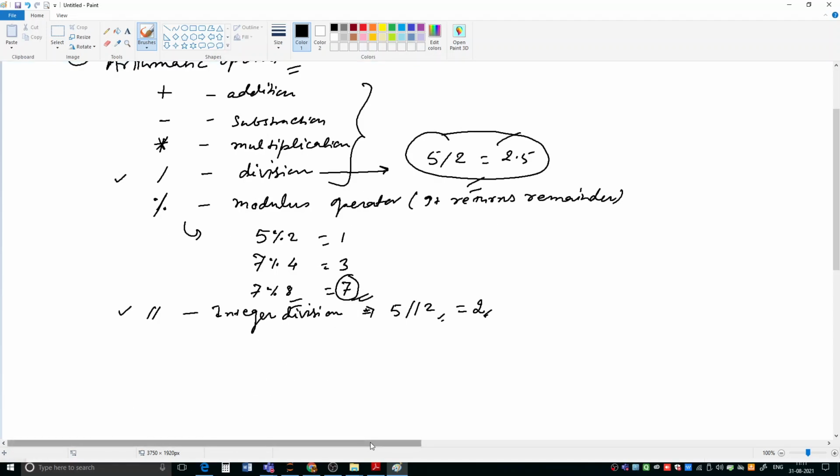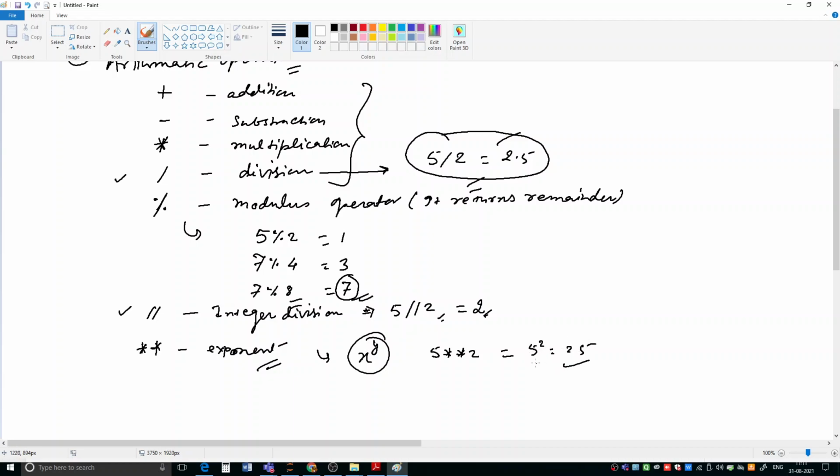Next we have to see the next operator, that is called the exponent operator. The exponent operator will give you x to the power y. If you are writing 5 to the power 2, what will you get? 25. 5 square, that is 25.